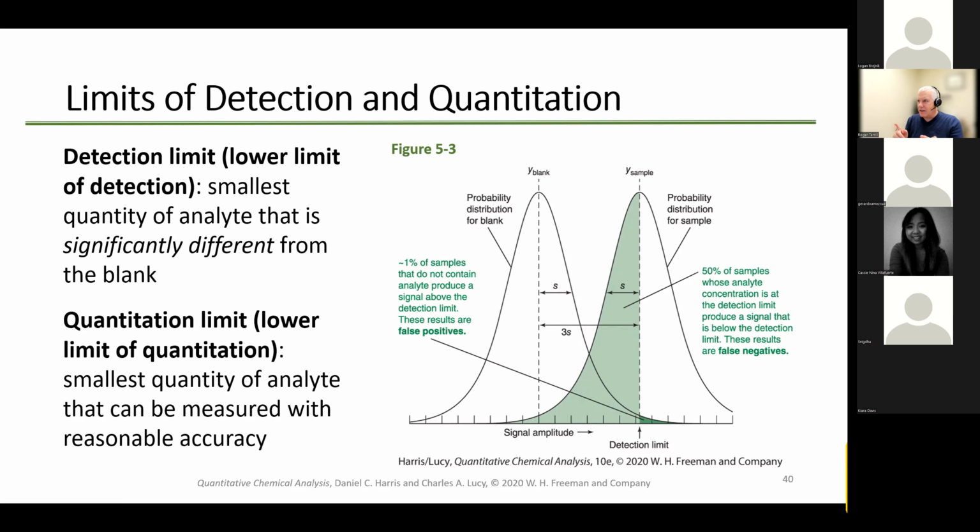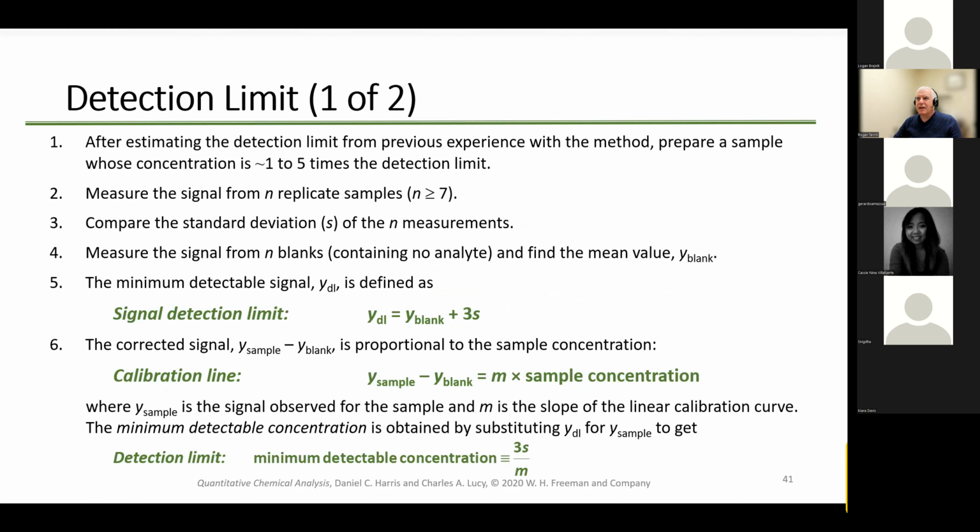So the detection limit in this case is what? Nine. Right, exactly. So it's 9 actually. It's 3 sigma, sigma is 3, 3 times 3 is 9. Good. Okay. Cool.